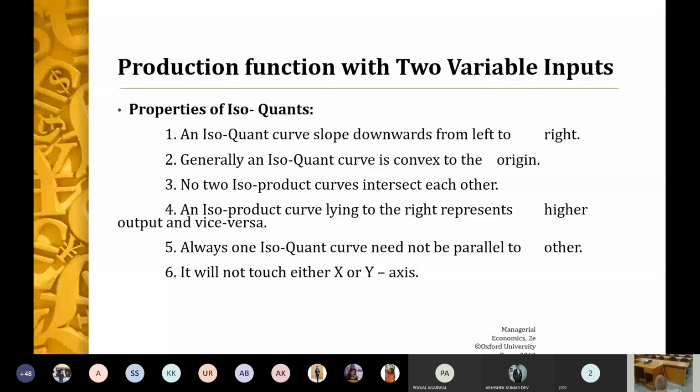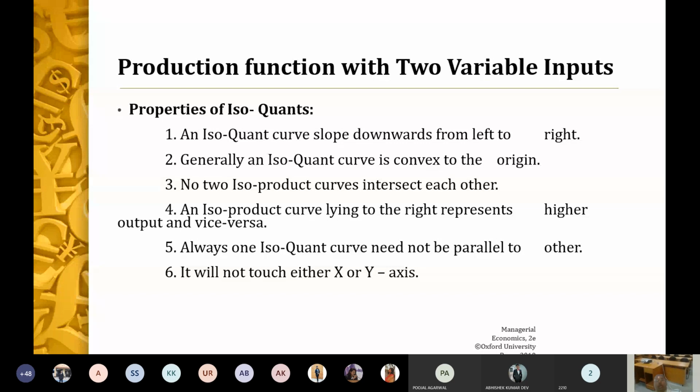So as we go from left to right, it slopes downwards. Generally, an isoquant is convex to the origin. So if we look at the isoquant curves and the origin, we find all of them are convex to it. I'm sure you would remember your convex and concave from your physics classes.